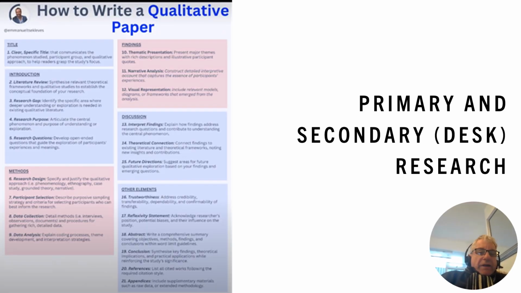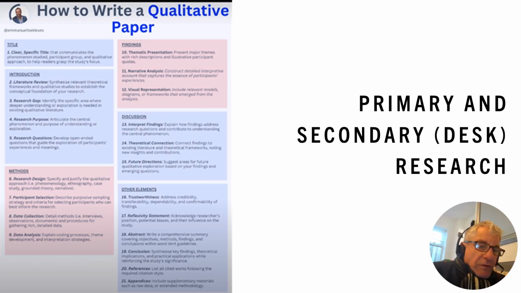So in our last slide, you can see how to write a qualitative paper. In this section, we've got the title of the paper, which needs to have very specific terminology. We want to make sure that you're using the key words for your subject area.